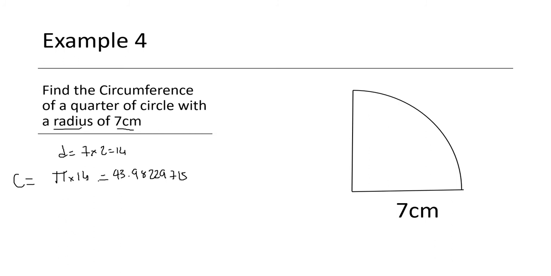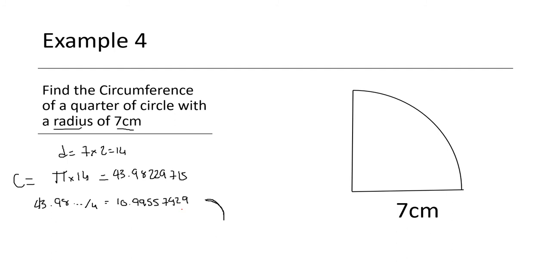Now because it's a quarter of a circle, we have to divide that number by 4. Once we divide it by 4, we get an answer of 10.9955749.